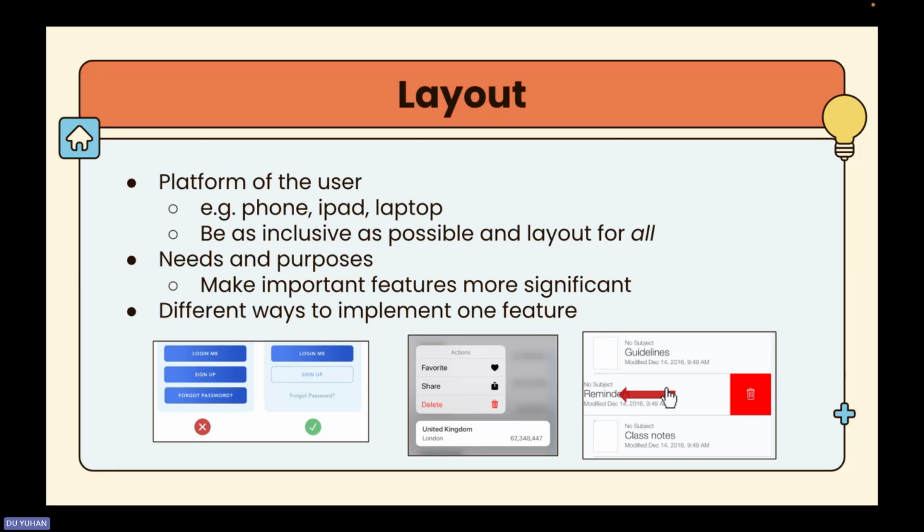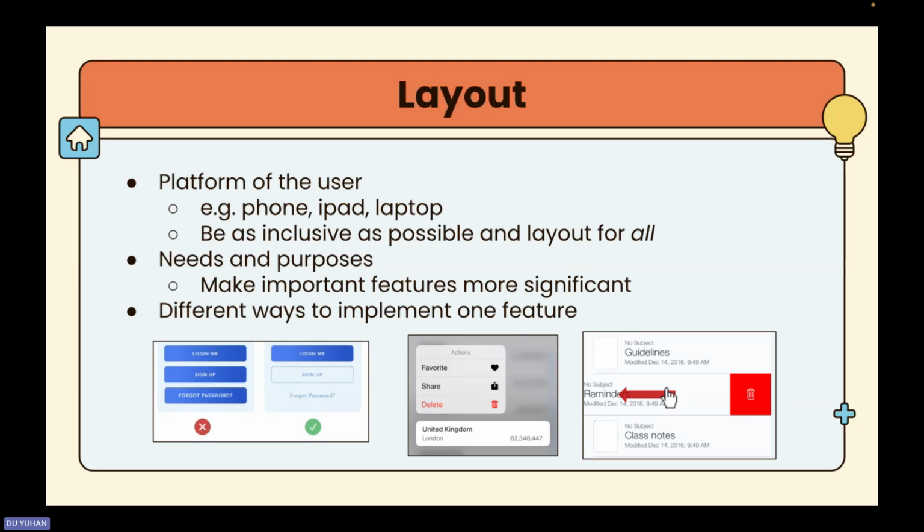First of all, let's start off with considering the platform of the user. When you're designing a product, your user might access it from many different platforms. For example, it might be a website, in which case phones, iPads, laptops are all possible options in which they can access your product.